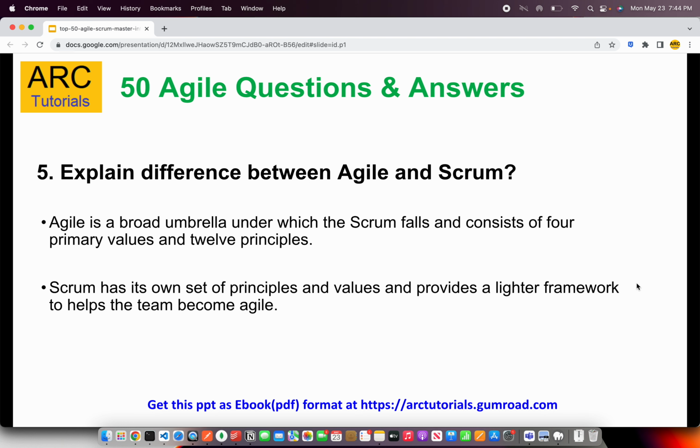Scrum consists of 4 primary values and 12 principles. Scrum has its own set of principles and values and provides a lighter framework to help teams become Agile. So think of Agile as a broad umbrella and Scrum as just a subset of it, so that they don't get confused between Agile and Scrum.